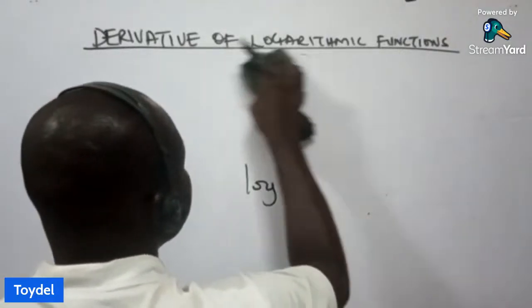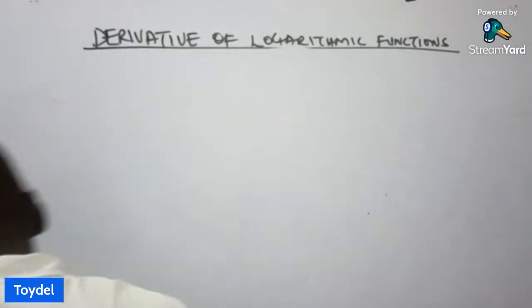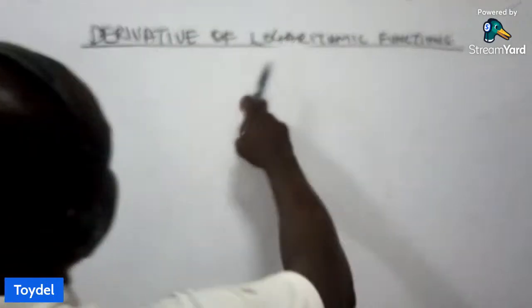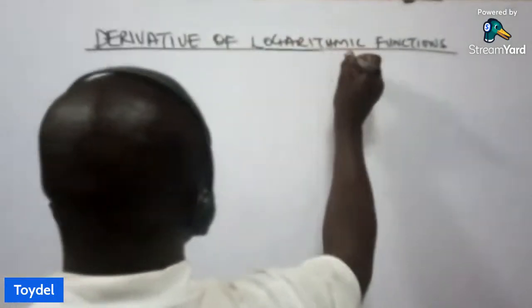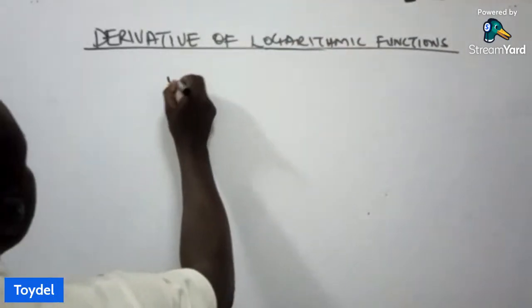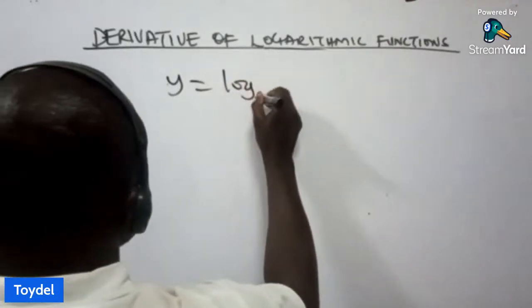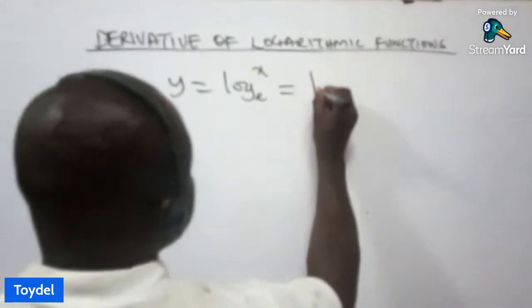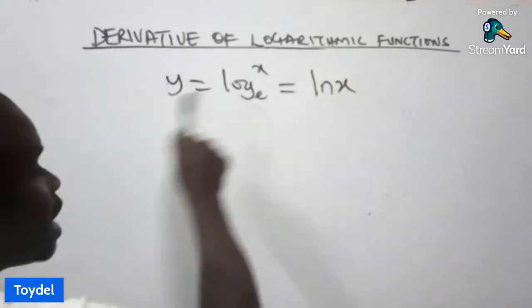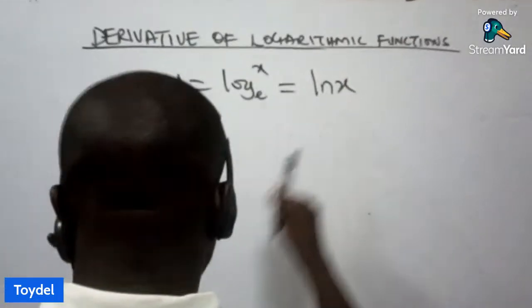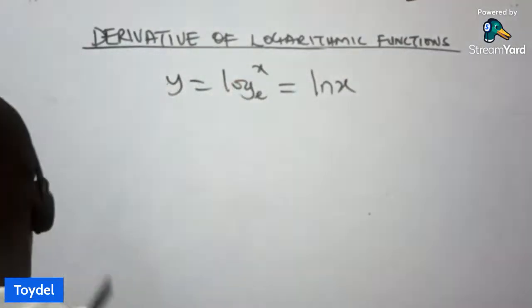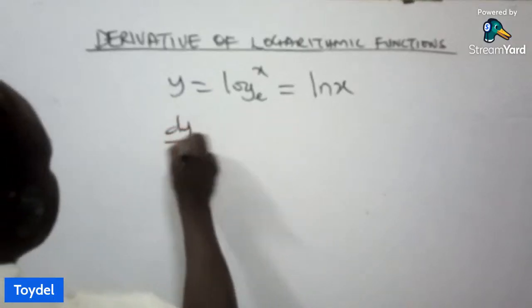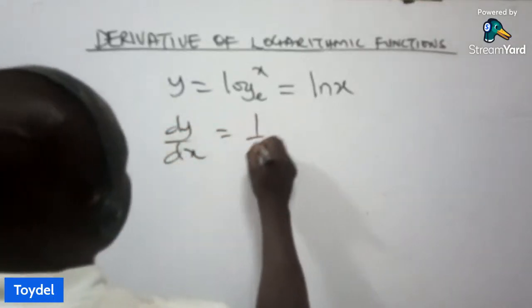So please, before you can understand the derivative of logarithmic function, you must understand logarithm very well. If y is equal to log x base e, this is known as ln x because this is a natural logarithm. If y is ln x, same thing as log x base e, then dy/dx will be equal to 1 over x.